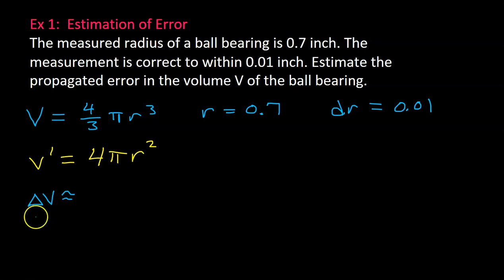Now we will use the differential formula to estimate the propagated error. We are going to use delta v instead of delta y because this is the propagated error of volume. And this will be approximated by the differential.